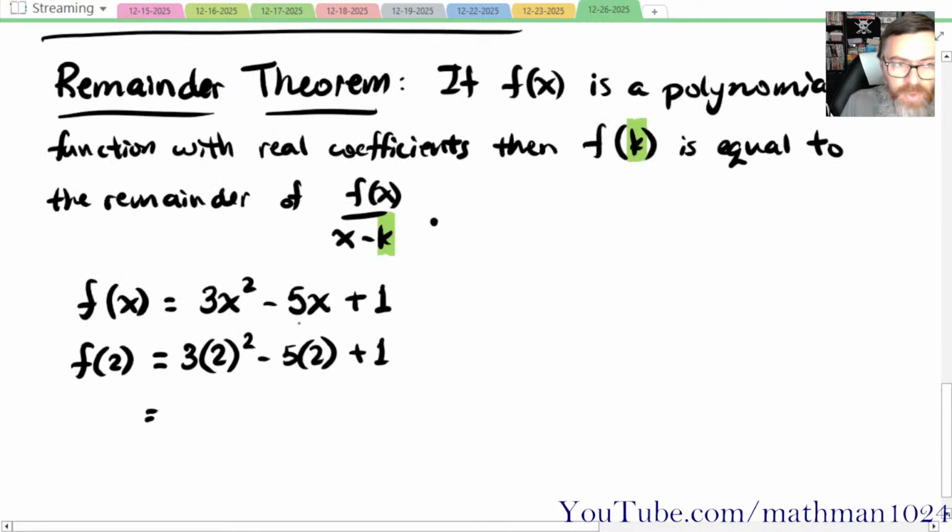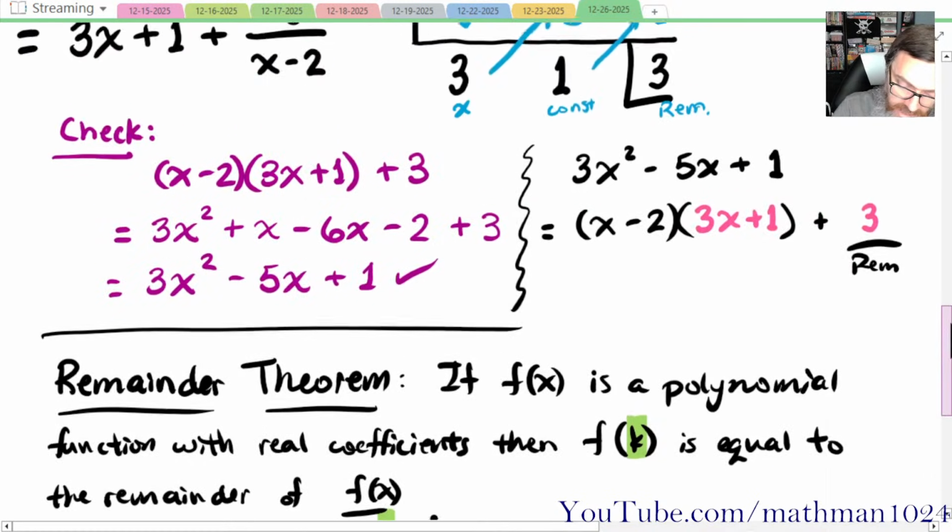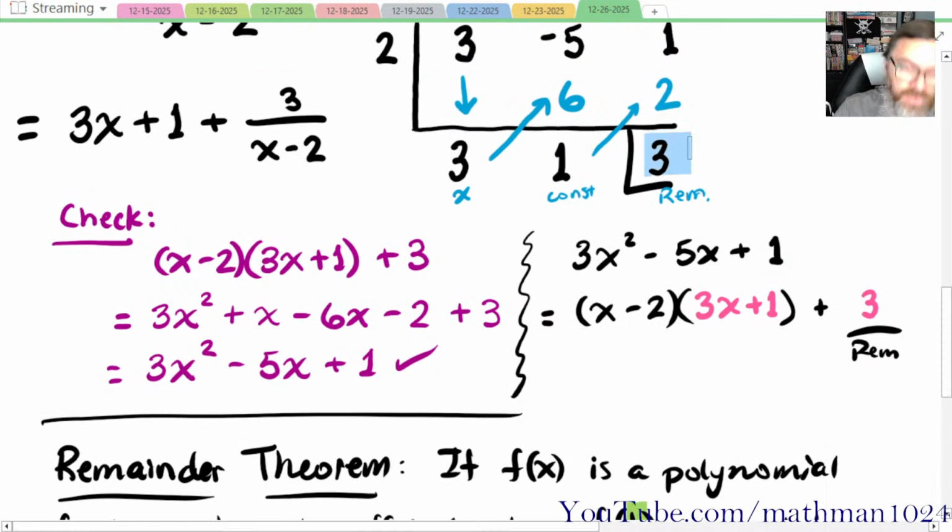All right, so 2 squared is 4 times 3 is 12 minus 10 plus 1, and this equals 3. All right, so we did that the long way. But I want you to notice that this 3 that I got is the same thing as the 3 that we have there for the remainder.